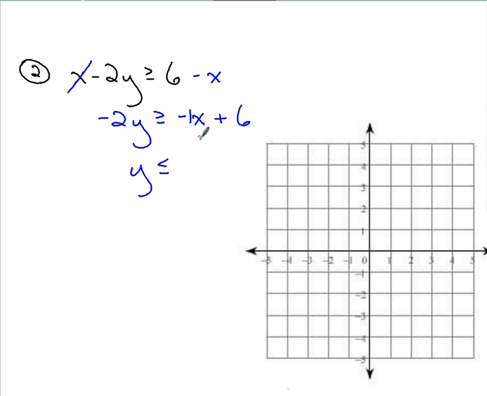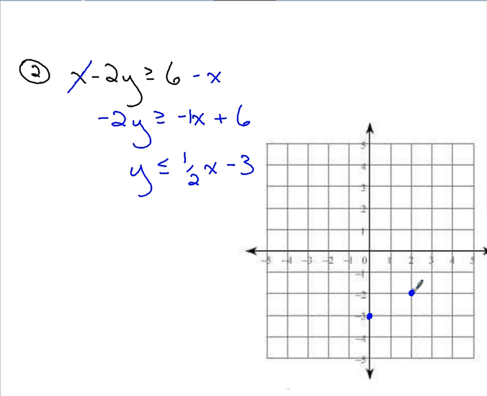Over here we got -1. We're dividing by -2, so that's going to be +1/2 x. We got 6 divided by -2, so that's going to be -3. I've got my slope-intercept form to work off of. So plotting my y-intercept, come down here to -3. Utilize my slope, going up 1 over 2, and plot my other point.